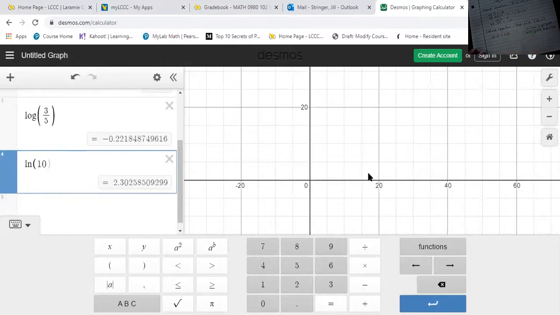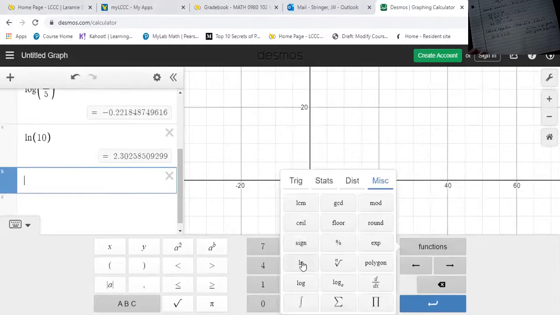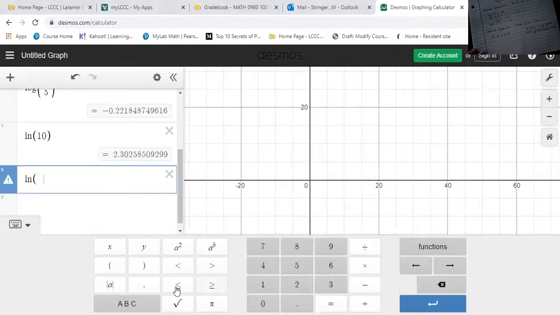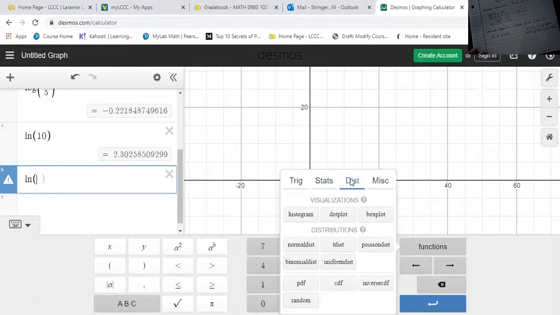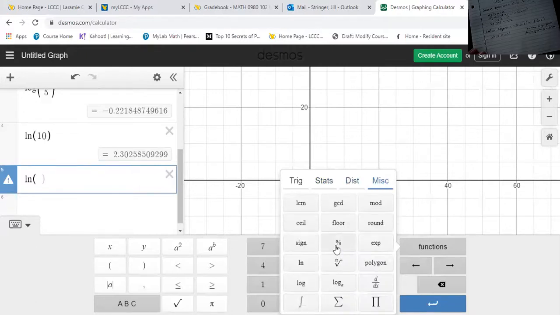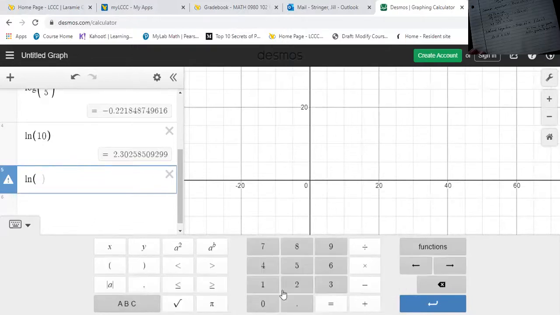How about we do the natural log of E, just to see what that is. I'm not sure where to find the E here. It's probably under functions. Pretty sure we don't use this E here.